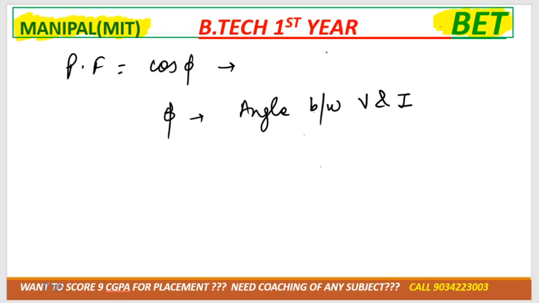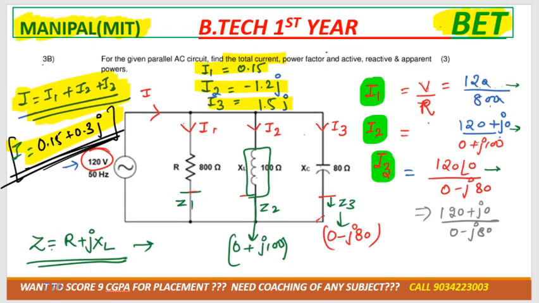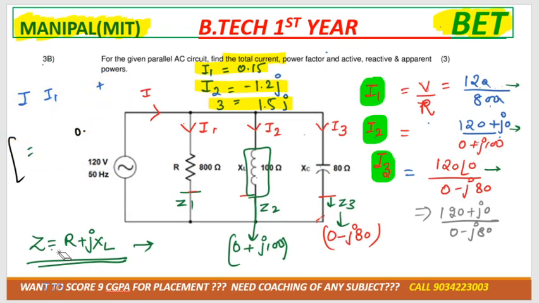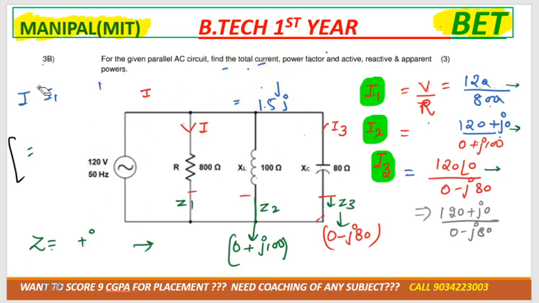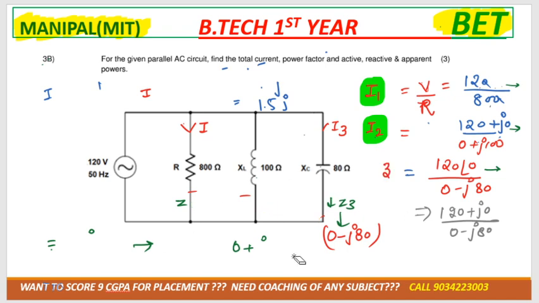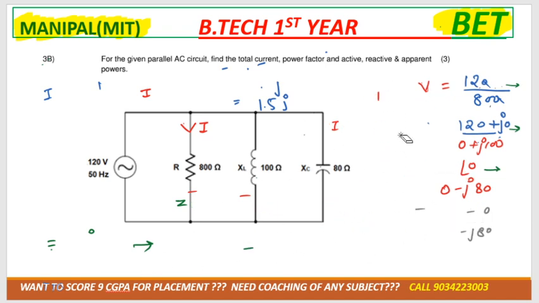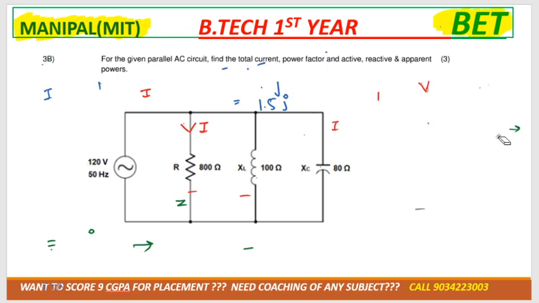Correct? From this question we get the value for voltage. How much is the angle of voltage? 0 degrees. And how much is the angle of current? That we need to calculate. The final current we got, in which form is it?